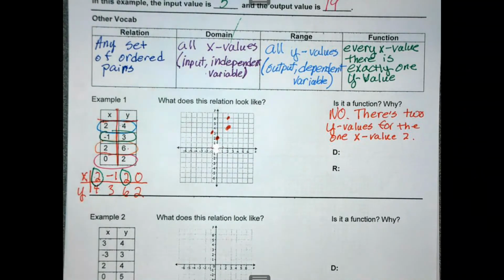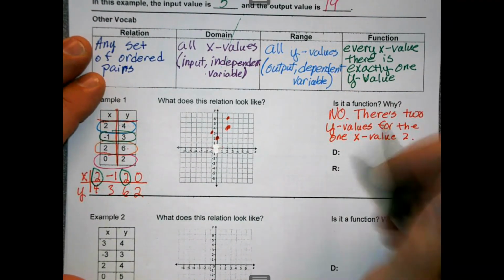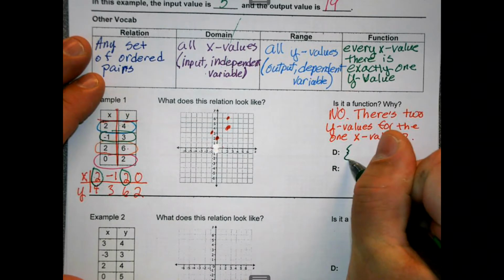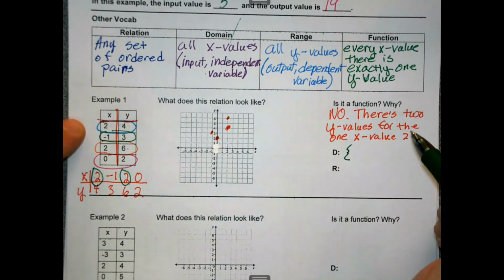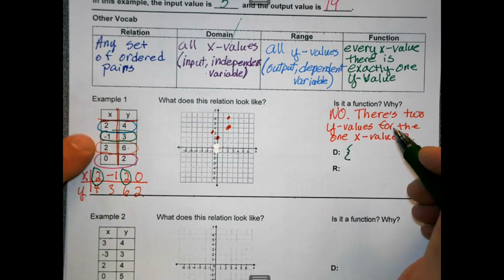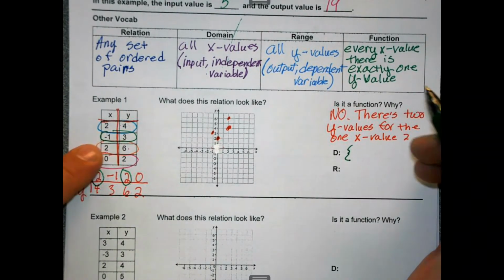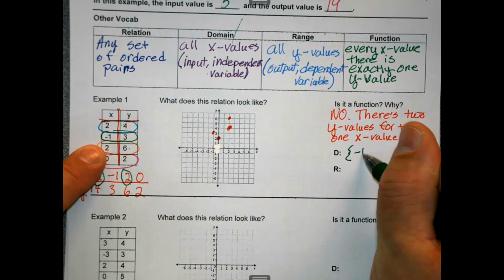All right, let's do another one. Oh, the domain. Got to do the domains. So my domain here is just a set of the x coordinates of my points. I like to put them in from smallest to largest. My smallest one is -1.